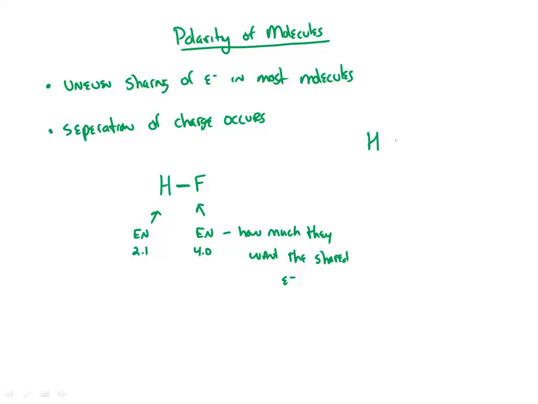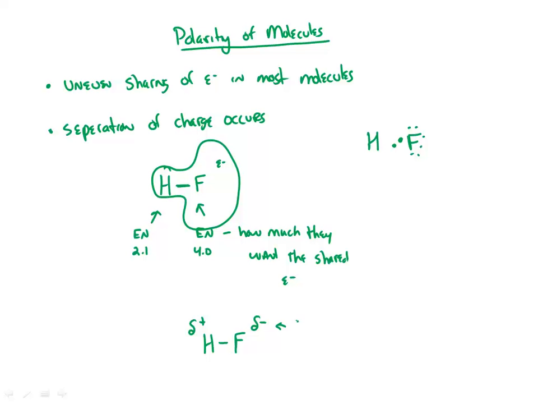If I really drew what it should look like, I might draw it more like this, where both electrons are a little closer to the fluorine, but they do spend some time around the hydrogen. Your book draws these lovely pictures like this, where it tries to show the electron density as the size of the cloud of electrons around it. So fluorine has more electron density than that. I find the easiest way is to simply draw it like this, and we use a little delta plus and a delta minus.